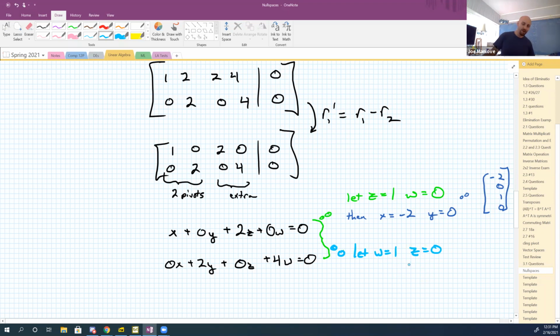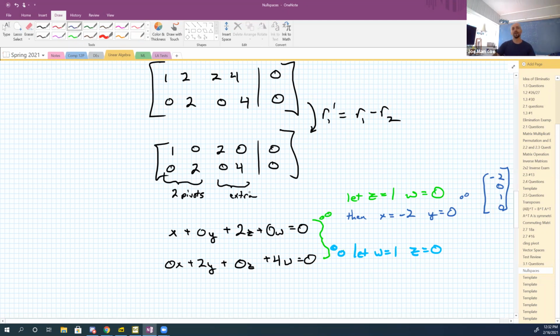Now, you don't have to do it this way, but this makes things really easy. If you just go through your free variables and zero everything but one of them at a time, it'll make your life a lot easier. So I picked z to be the first one, then I'm picking w. Now that's going to clarify free variables. These extra columns. Anything that doesn't have a pivot in it is going to represent a free variable.